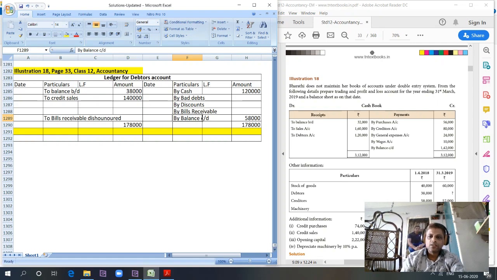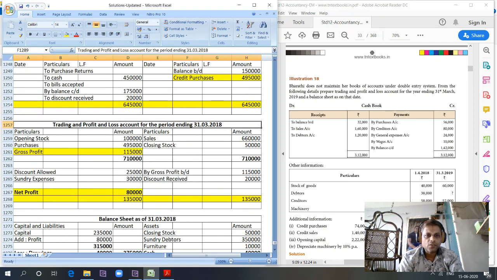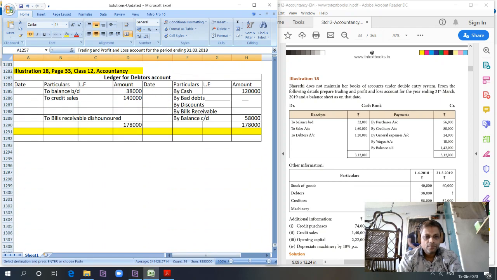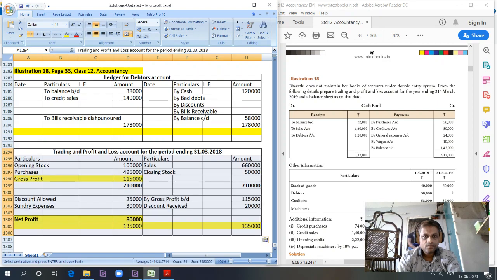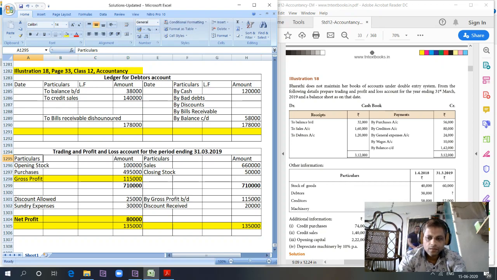Let's now prepare the trading and profit and loss account. As usual, I'm copying the format here, for the year ending 31st March 2019. And I'm taking the existing balance.